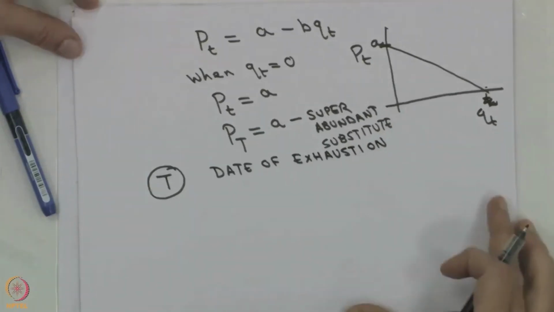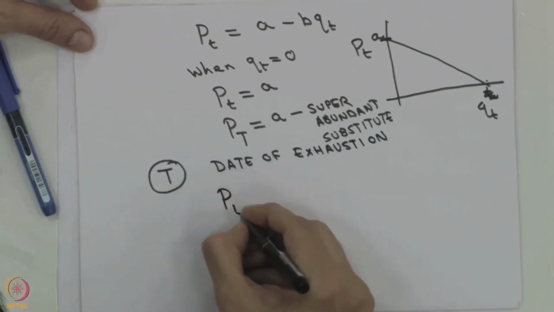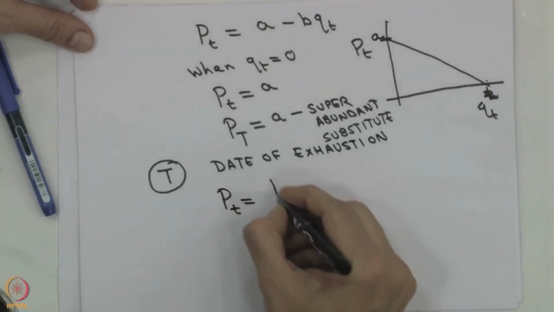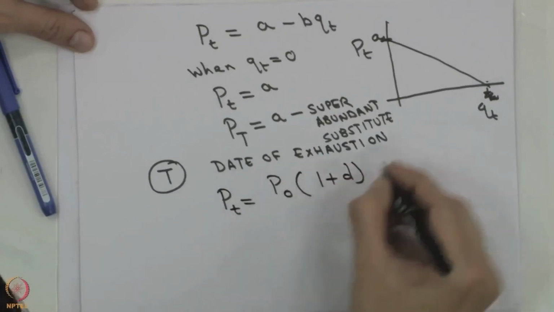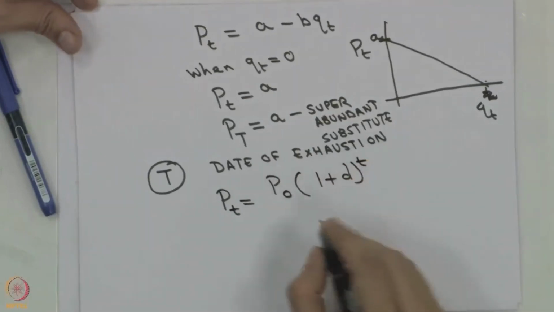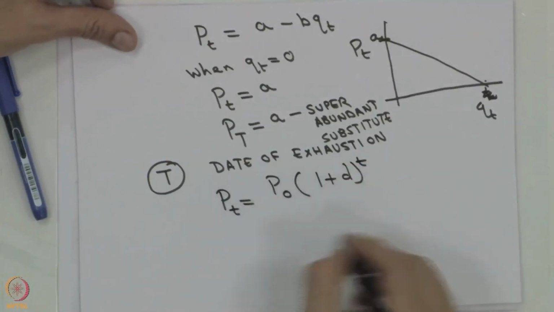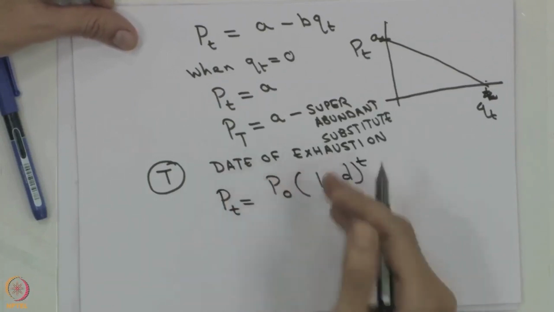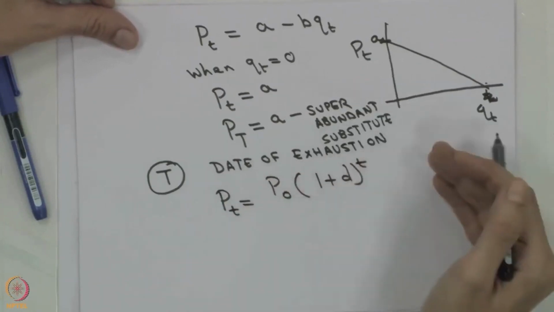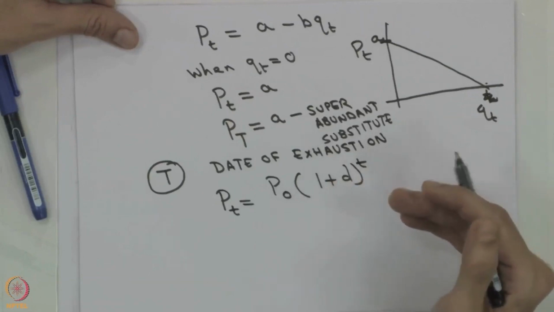So, we know that the optimal strategy is where Pt will be P0 into 1 plus D raised to t. For this, please remember that we have taken a constant extraction cost and we have subtracted it. So, we are taking P0 minus C; we are neglecting the extraction cost, or we are taking the extraction cost as constant.